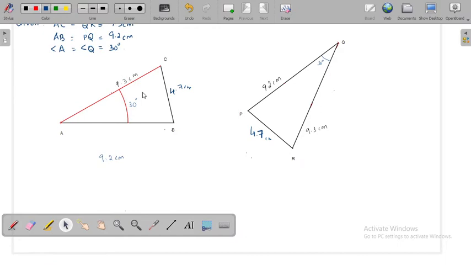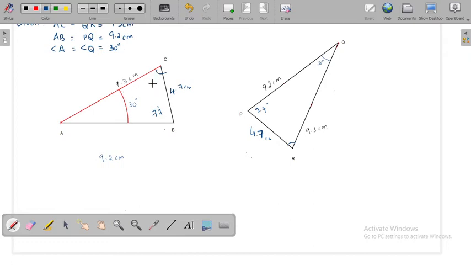Now I can say that the third angle will also be equal because the sum of angles is 180, and since we have got two angles, one is 30 degree, other is some 77 or 78. Let's take it as 77 degree. Then this is also 77 degree. So this angle and this angle will be equal by the angle sum property.